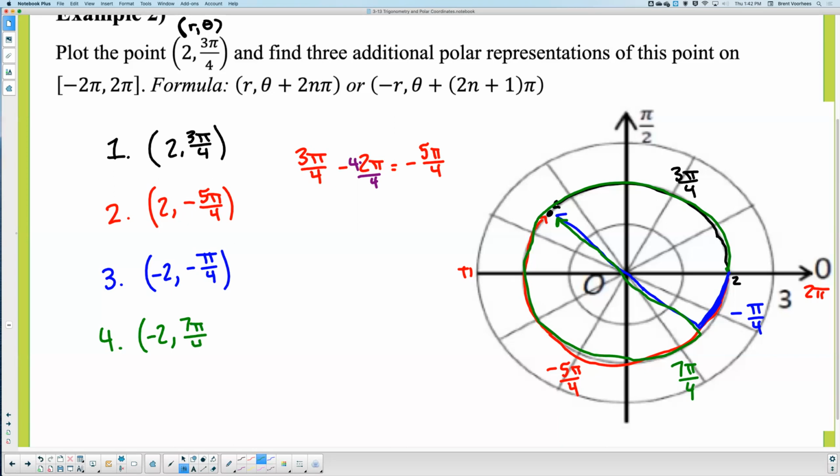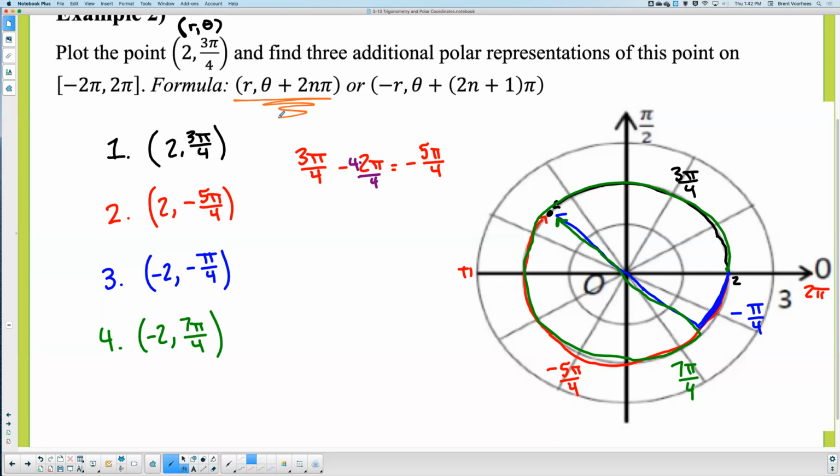Okay, so now I'll let you see the formula. The formula up at the top of the screen tells you that if you have any one value, you can add or subtract a 2 pi to the angle. So for example, the first formula right here, let me get a different color so it stands out. I want you just to look at the first formula.